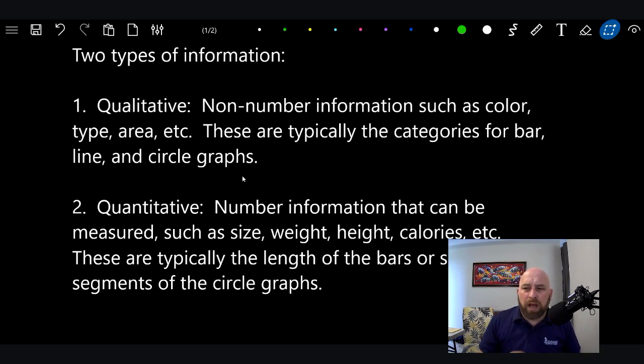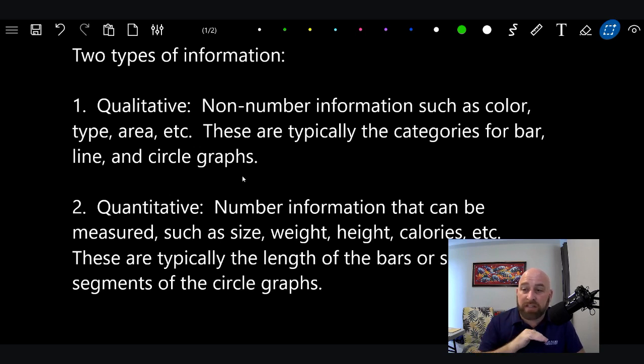Okay, so why did we talk about qualitative and quantitative here before stem and leaf? Well, it's interesting because a stem and leaf only focuses on quantitative, just the quantities. These are not fancy. There's no pretty colors. There's no labels.